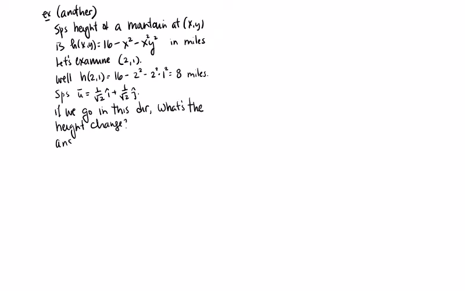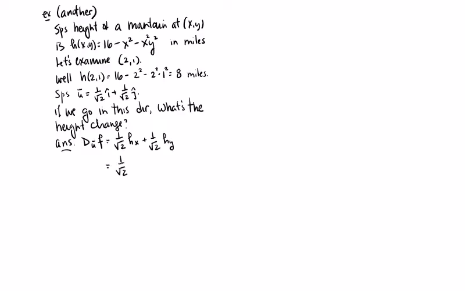So that's a directional derivative. We would take the directional derivative of h in that direction. So that's the a times h sub x plus the b times the h sub y.